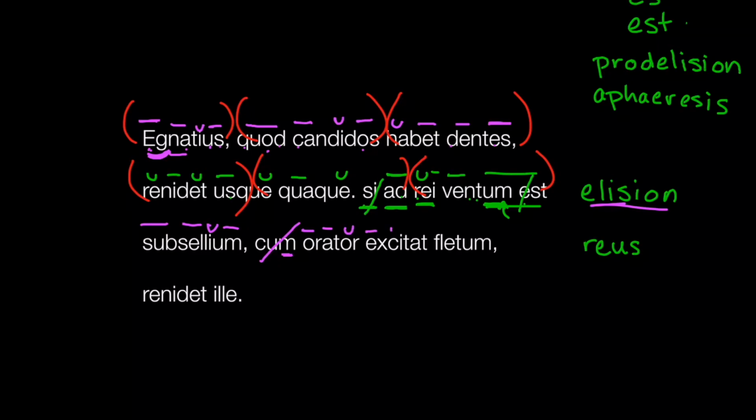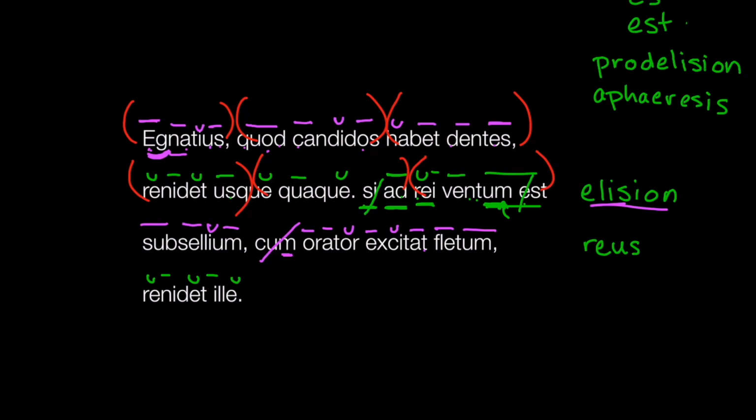Short, long, because of the T and the F. Long by nature, last syllable. So let's see what we got here. Subsellium cor orator excitat flatum. And then just to finish off the beginning of the next line, renidet ille.